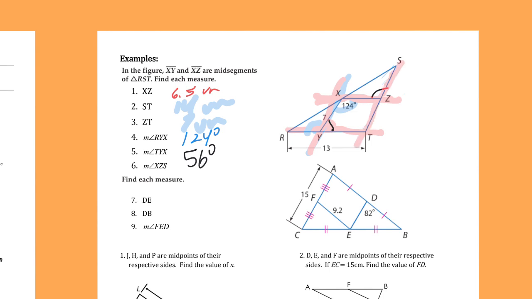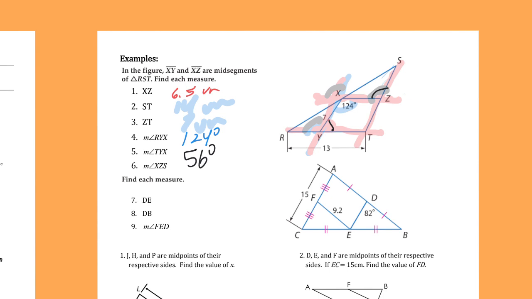If we want to talk about corresponding angles, these two angles right here will be corresponding. And also, if we've got two more parallel lines cut by a transversal, then these two will be corresponding. So therefore, the transitive property says that those two angles are going to be congruent to each other. And so it's going to be 124 degrees.